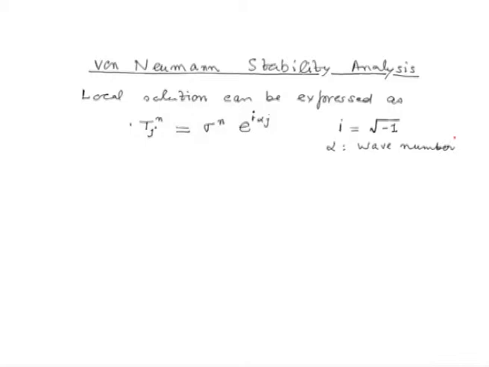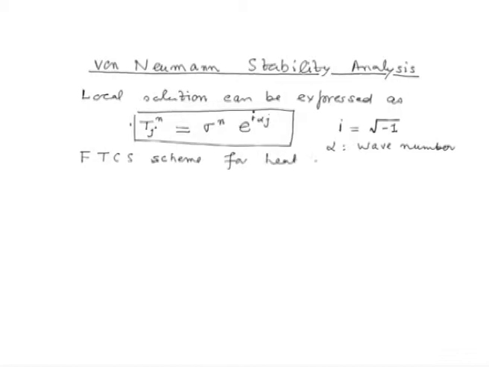Okay, so now in terms of this T_j at n, the way we have defined it, let us write down our explicit scheme, this FTCS scheme which I have written earlier. FTCS scheme for heat conduction.